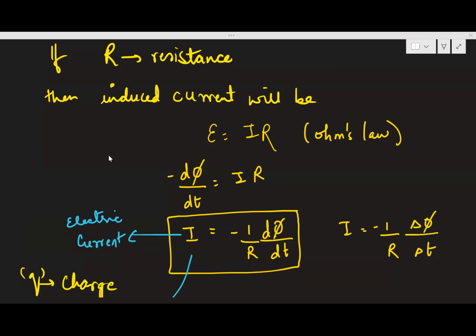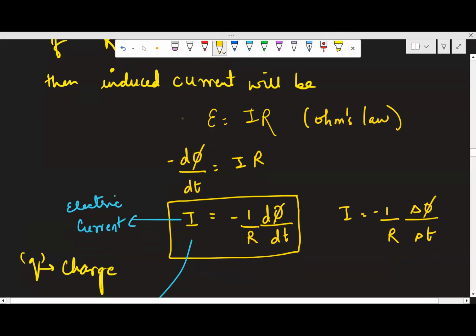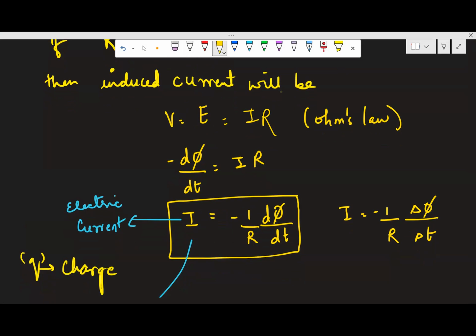Can we write E? Yes, this is E. You can just write this as E. You can write this V, which is equal to E only. It's the same thing. Just write it as E.